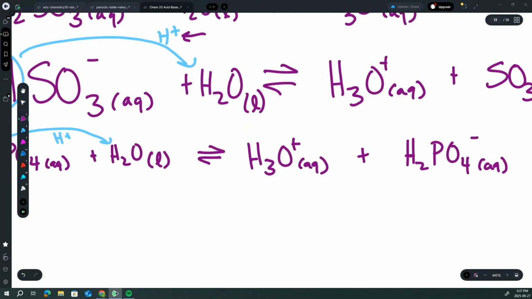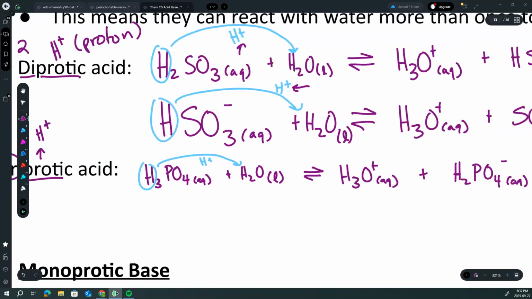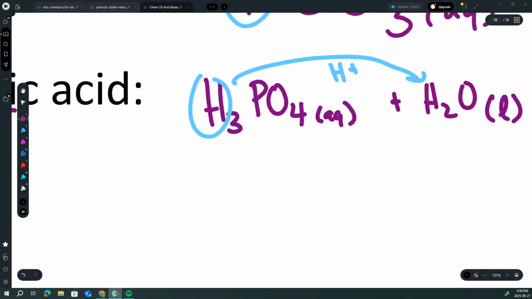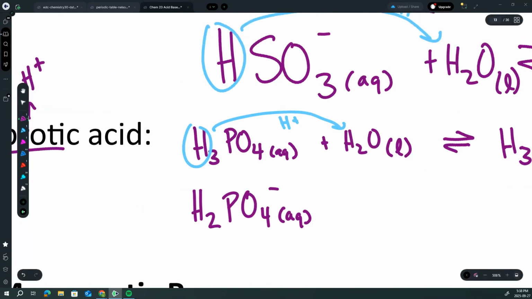All right, so for the next reaction here, we're taking our anion and we're going to continue to react it as an acid. So H2PO4 aqueous, 1 minus, plus water.